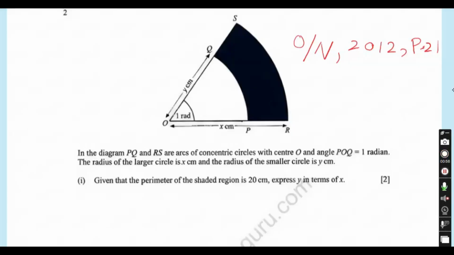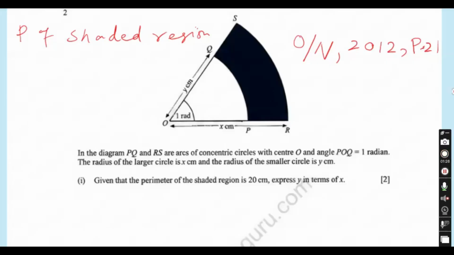First we have to write perimeter of shaded region. How to find perimeter of shaded region? It means we have to add all those lengths which touch the shaded region.